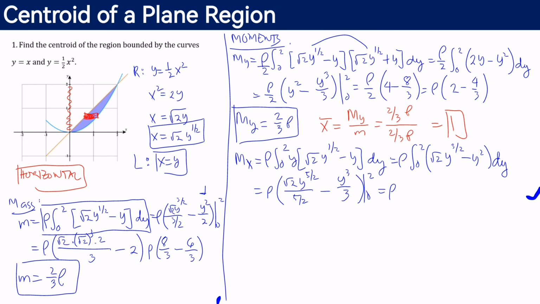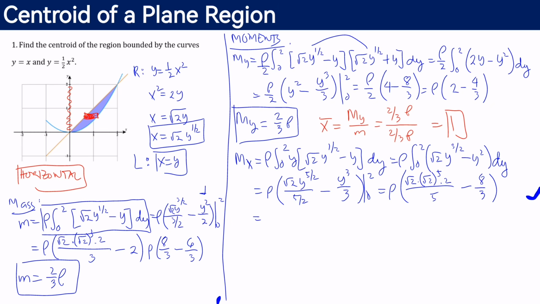When y is 2, I get the square root of 2 times the square root of 2 to the 5 times 2 over 5 minus 8/3.